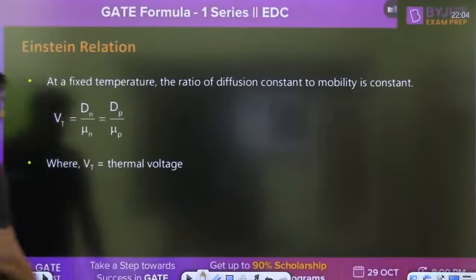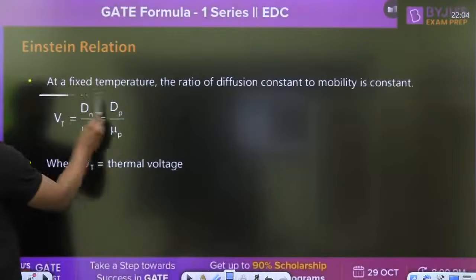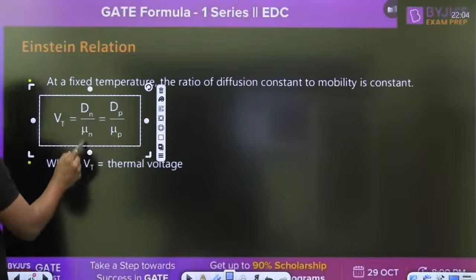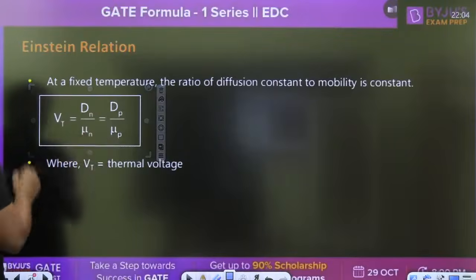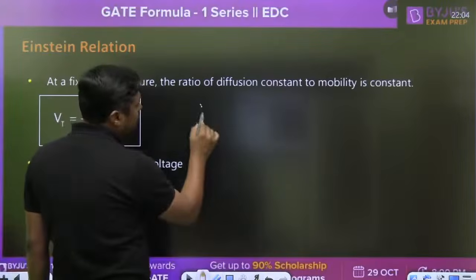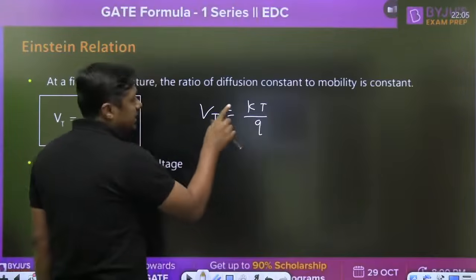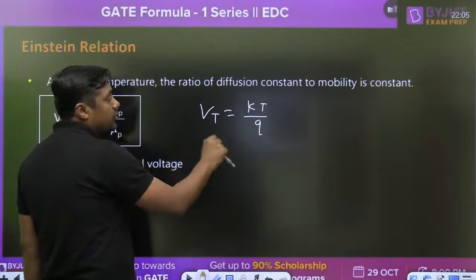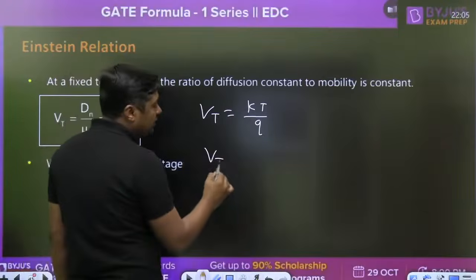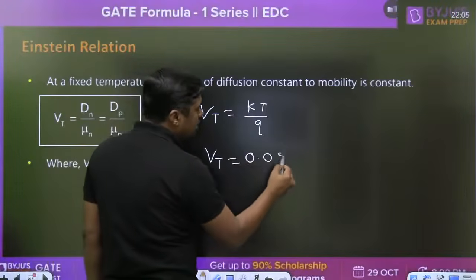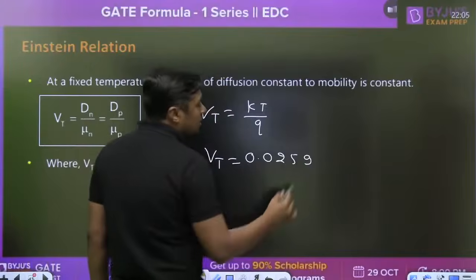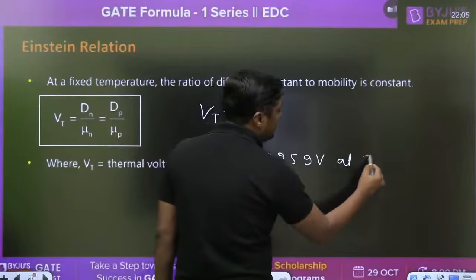Einstein relation. Dn by mu n is equal to Dp by mu p is equal to Vt, where Vt is the volt equivalent of temperature, given by kT by q. Already I have given you the values of k, q and T. You will find Vt is equal to 0.0259 volt at 300 degree Kelvin.